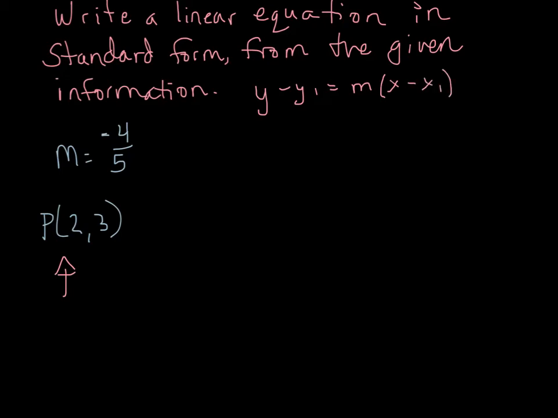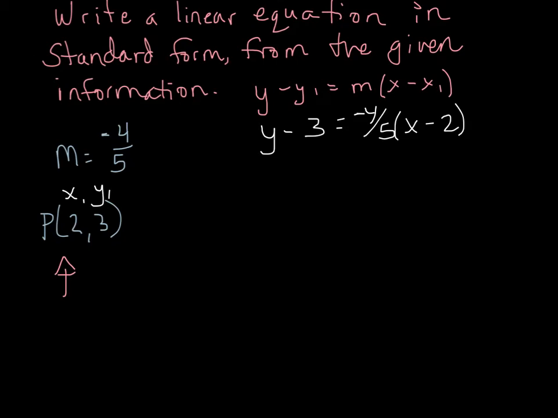Okay, so all we need to do now is insert the slope and that point. So this is obviously my x1 value, this is my y1 value. So y minus 3 equals negative 4/5 times x minus 2.